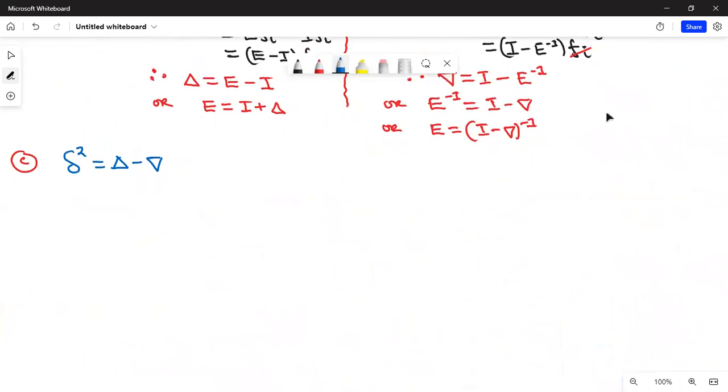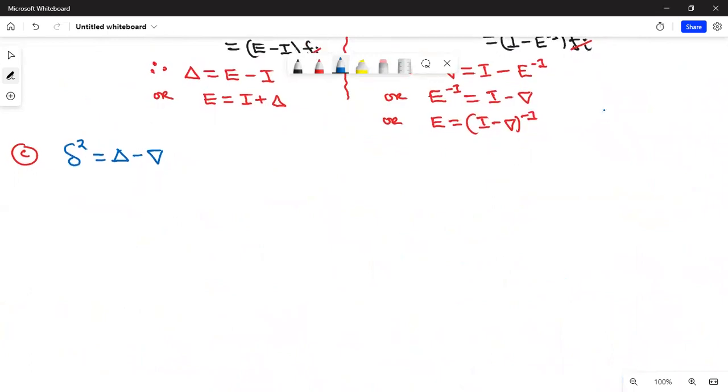So you can write this, that the proof is that delta squared operating on Fi is the same as Fi plus 1 minus 2Fi, then plus Fi minus 1.